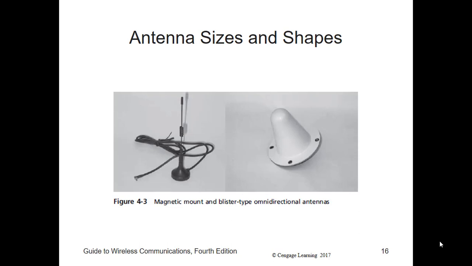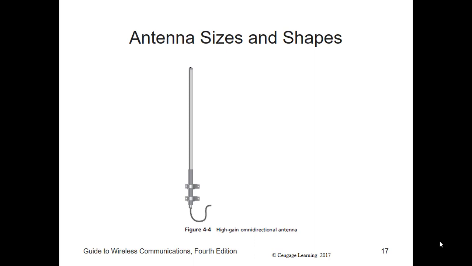There are longer omnidirectional antennas that usually have a higher gain but are more difficult to mount and hide. We'll talk about those later on, but you're going to learn how the size of the antenna can also affect the gain. What we're looking at here is a high gain antenna type.